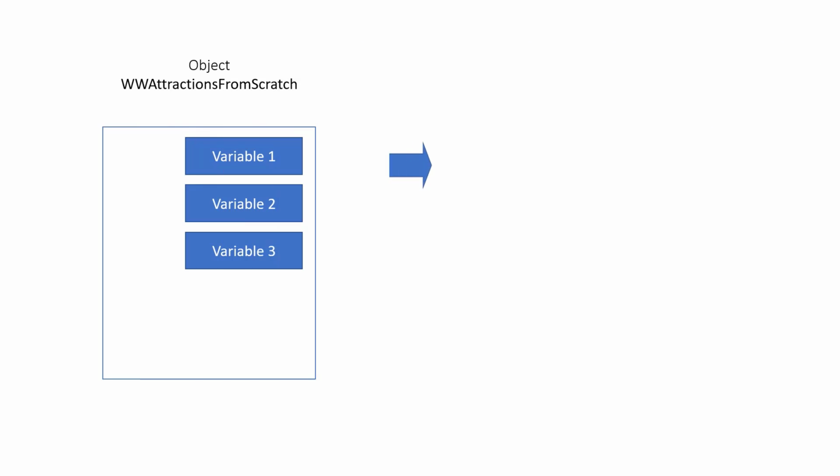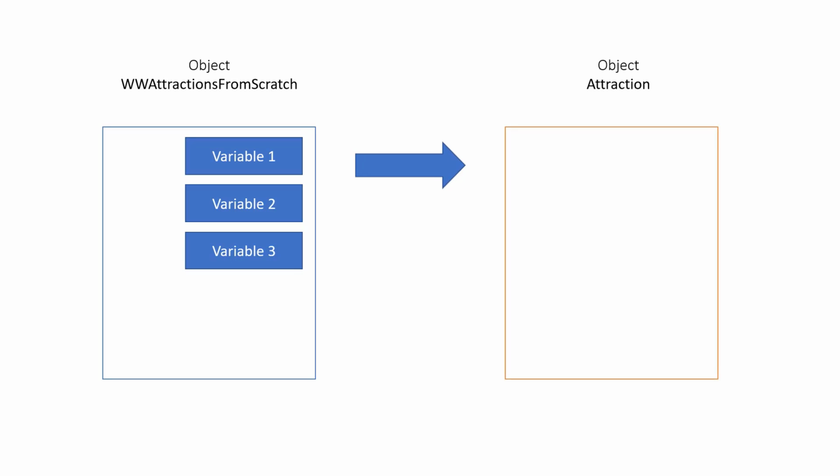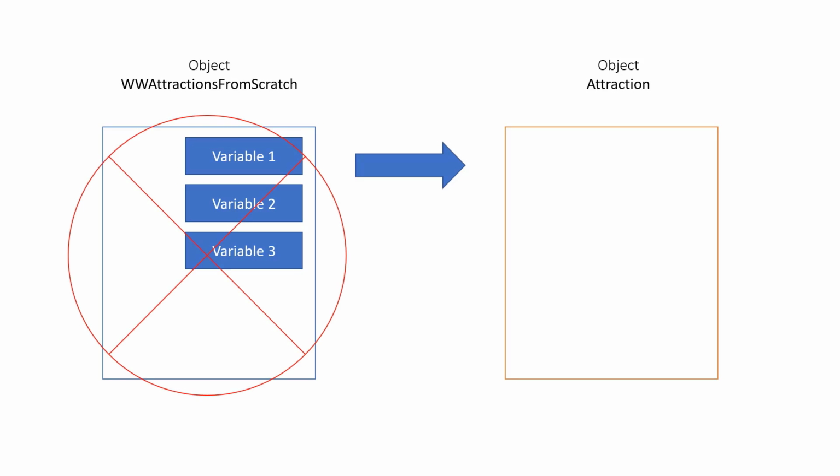For example, in this case, the moment we invoke the attraction transaction from the web panel, the WW Attraction from Scratch object is destroyed, and we lose its variables. Therefore, any values that were saved will be lost. On the other hand, the attraction object will take an active status.